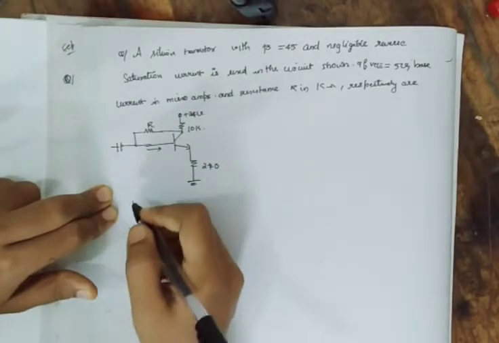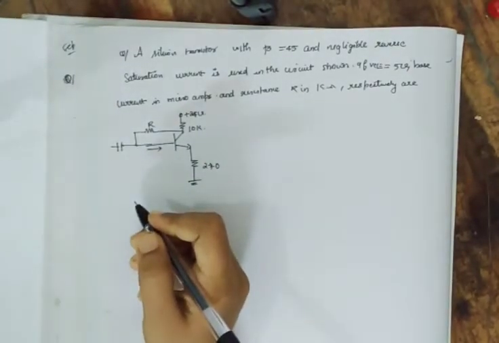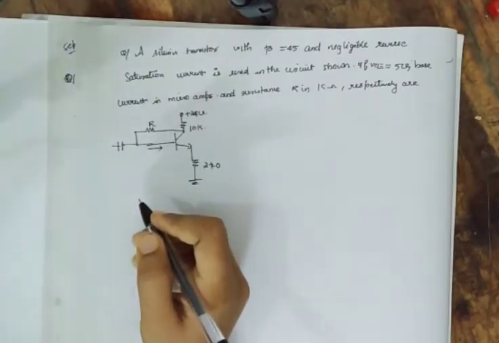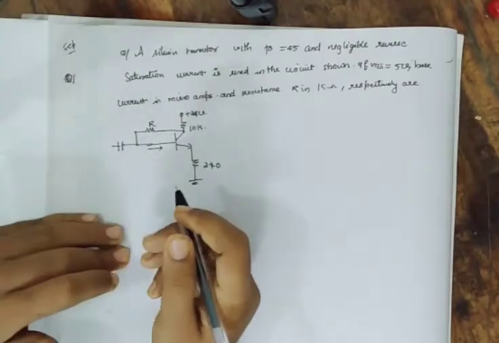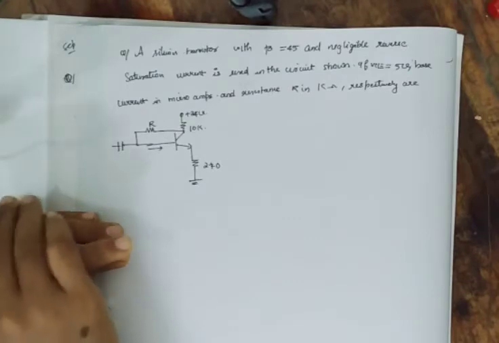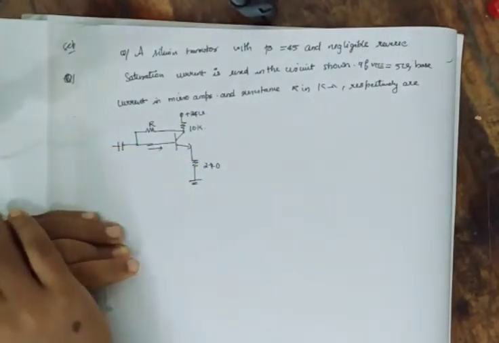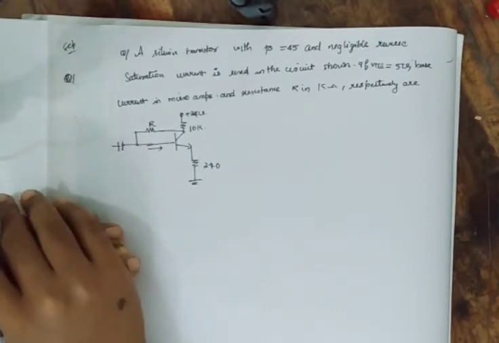A silicon transistor with beta equal to 45 and a negligible reverse saturation current is used in the circuit shown. If VCE equal to 5 volt, the base current in microampere and the resistance R in kilo ohm respectively are. Okay, we are going to write the mesh equation over here.